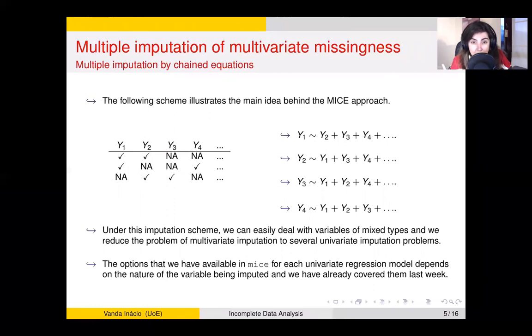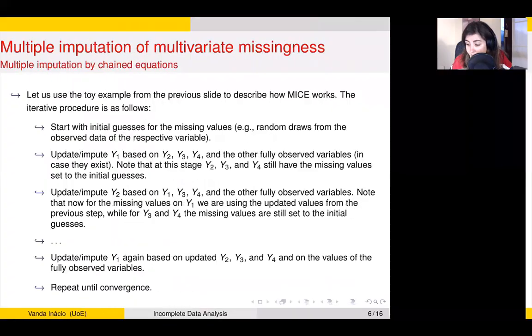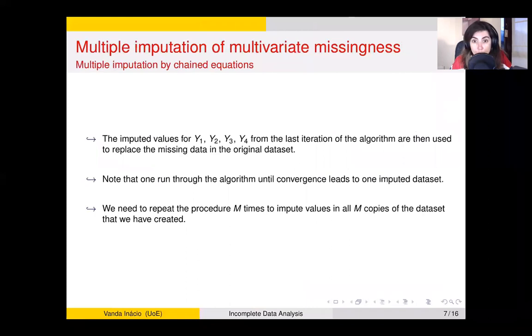I do my iterative procedure for, say, a number of iterations, and then I have several imputed values, right? And what I use to impute the values in my original data set is the values from the last iteration, okay?